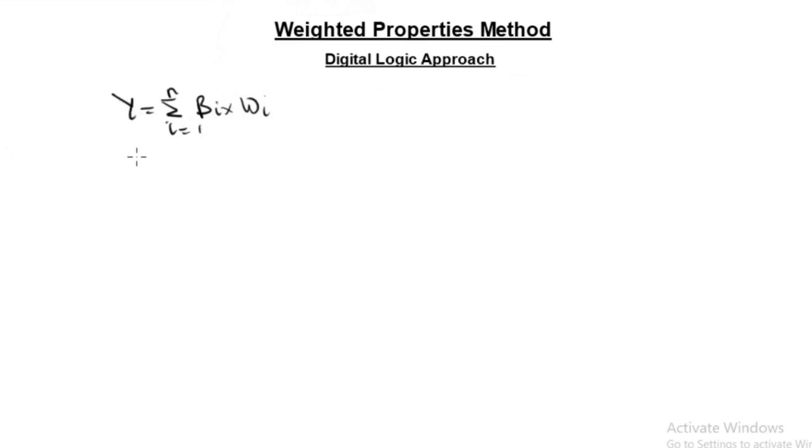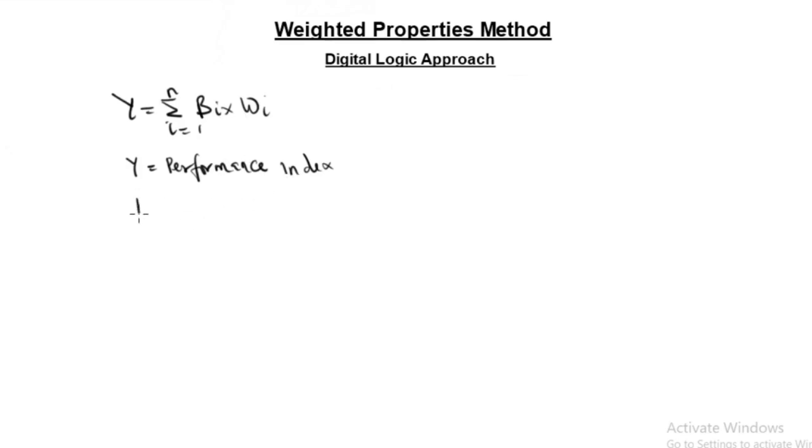Gamma represents the performance index. When you calculate the performance index for a material, or when given several materials, the material which has the highest performance index will be the suitable material for the application.